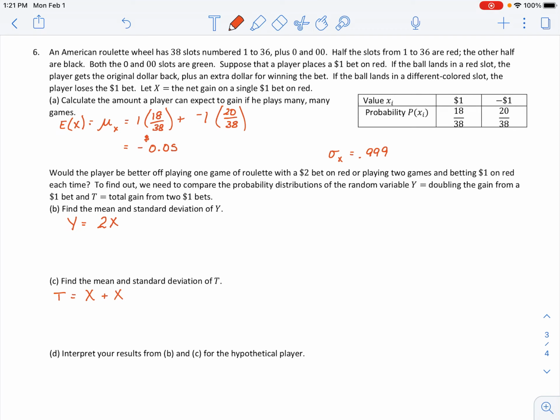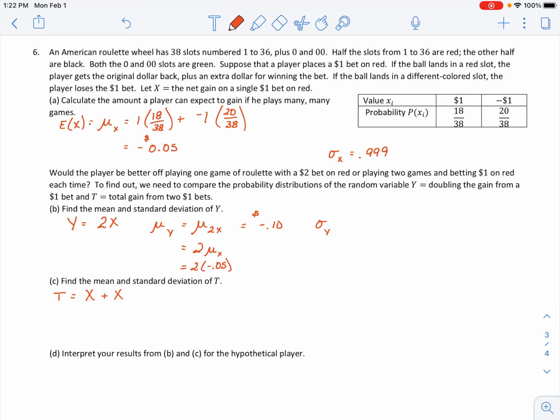So our rule is, with linear transformations, go ahead and do exactly every transformation to your mean, which means if I'm doubling it, I'm just going to double my original mean. So 2 times negative 0.05 means now I should expect to lose 10 cents after many games on average.